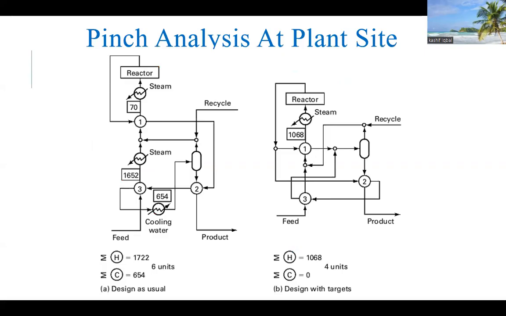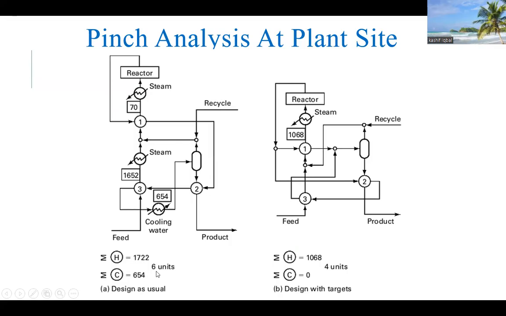This is a very simple example from a real plant in which a reactor and a column are attached. The total heating utility of this small process is 1720 kilowatt, and the cooling utility for the whole system is 654 kilowatt.